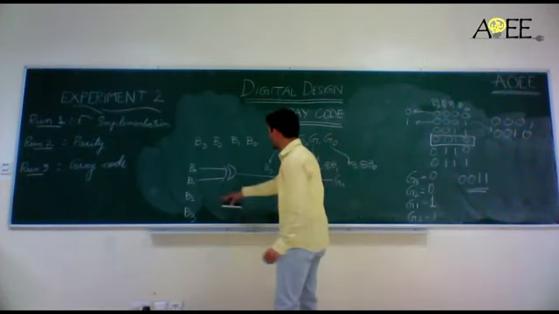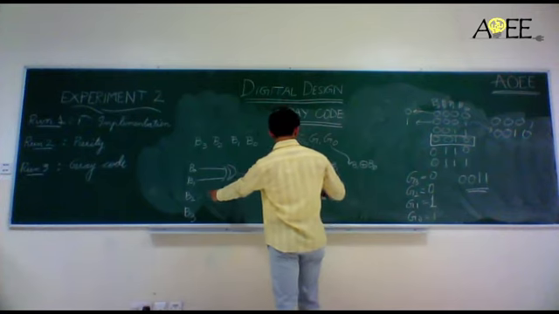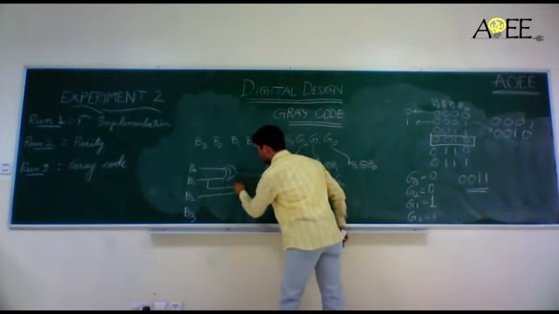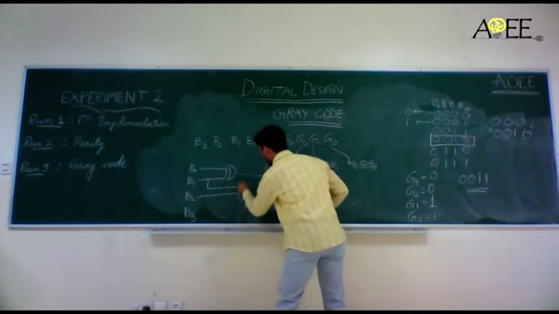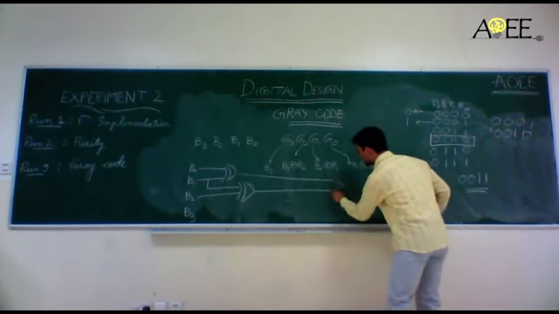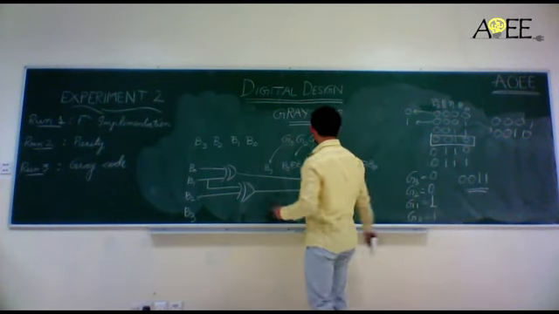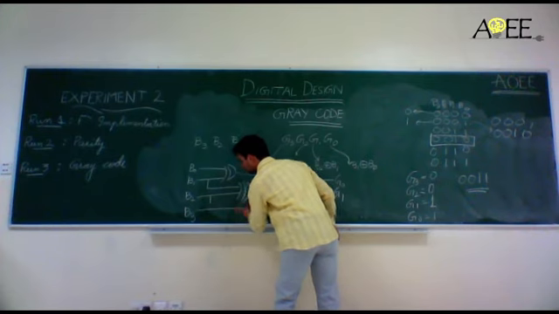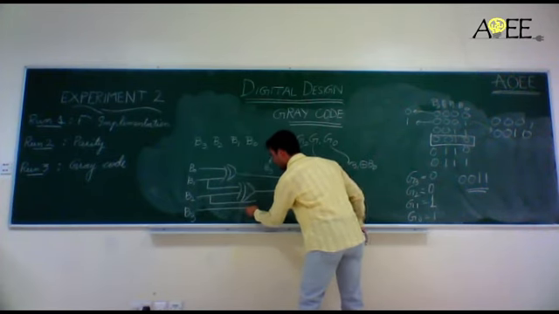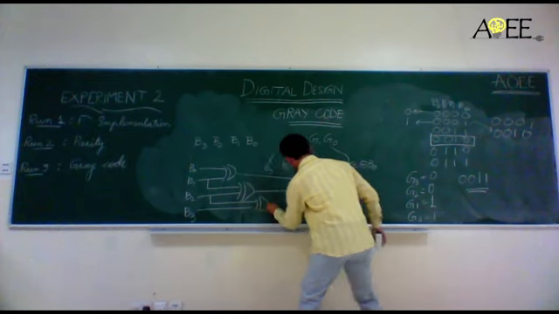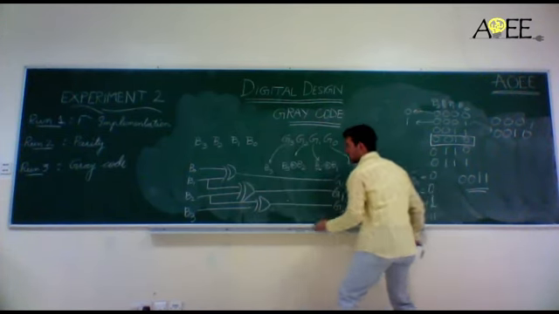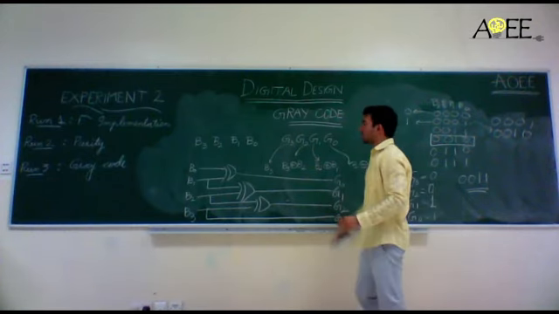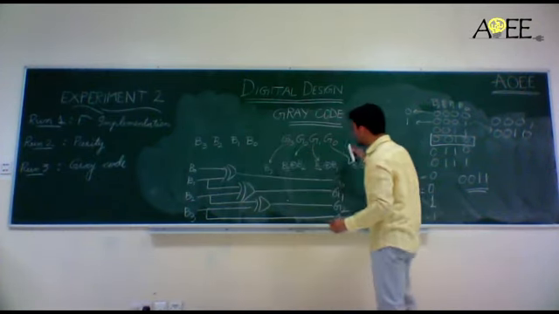Then B1 and B2 XOR gives me G1. B2 and B3 XOR gives me G2. And B3 directly gives me G3. Now finally you get the gray code.